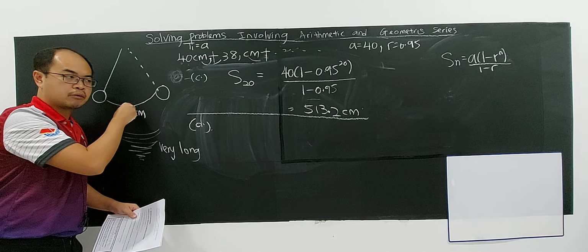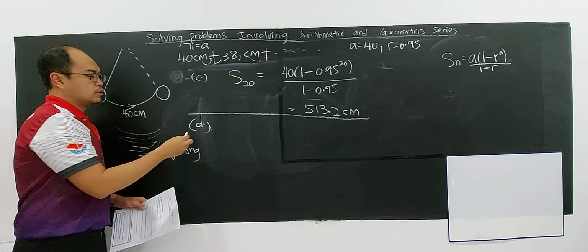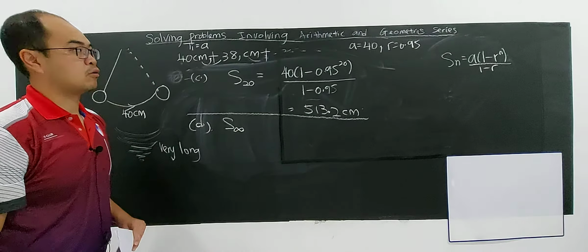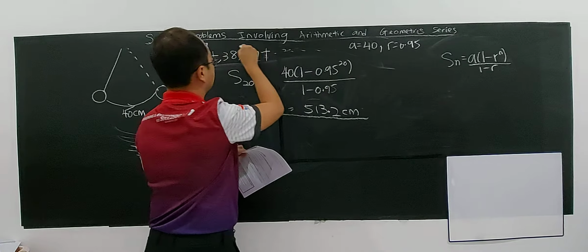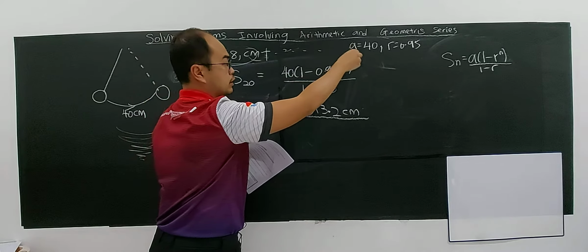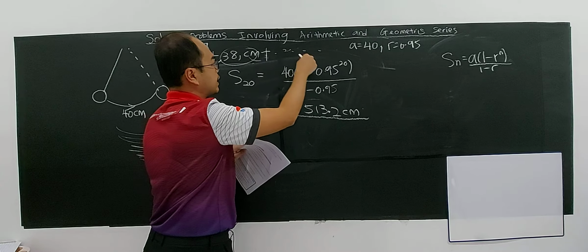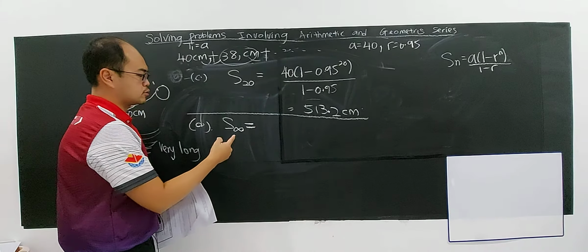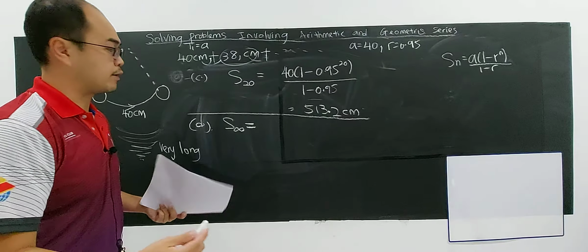It will become static. So for this case, we talk about S infinity. After a very long time, the value converges, where the numbers get smaller and smaller, nearly zero. So very easy, you just talk about the sum to infinity. Before it comes to a stop means it takes a very long time to stop.